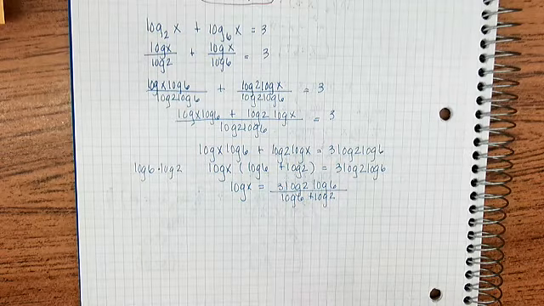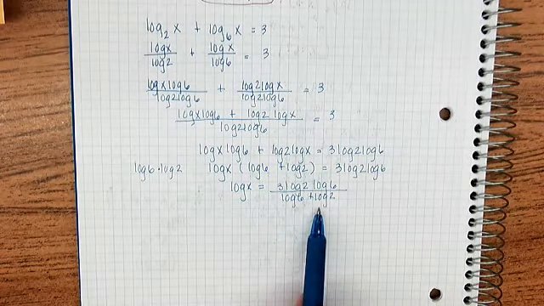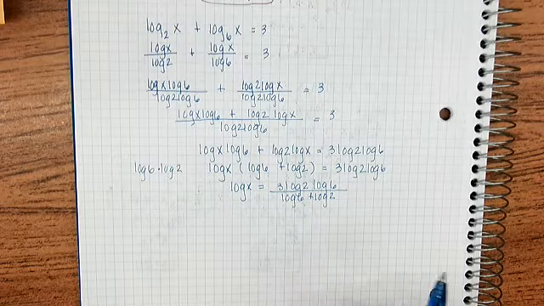Log of 6 plus log of 2 is just a number. I am going to write this as the log of 12, though. That is going to make things nicer. I'll do that in the next step.